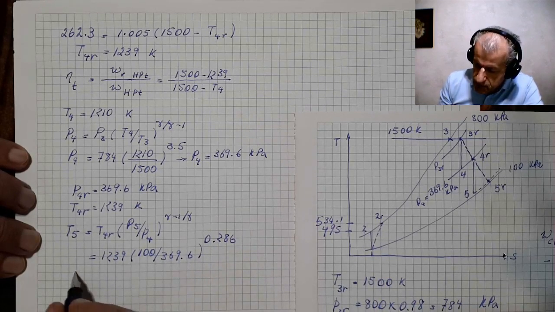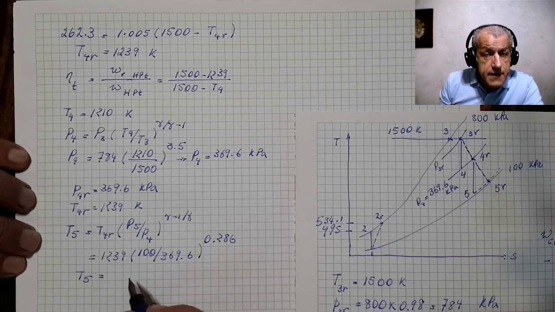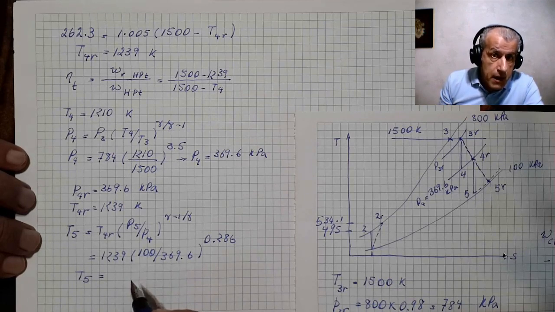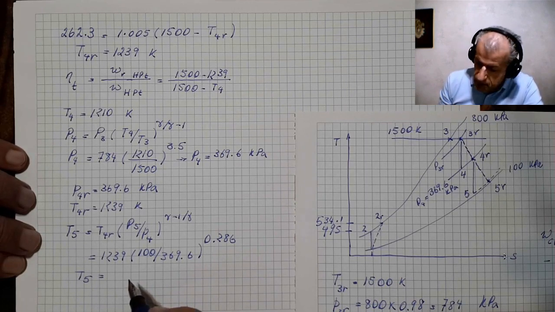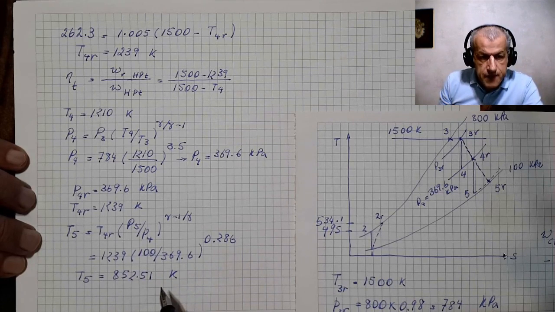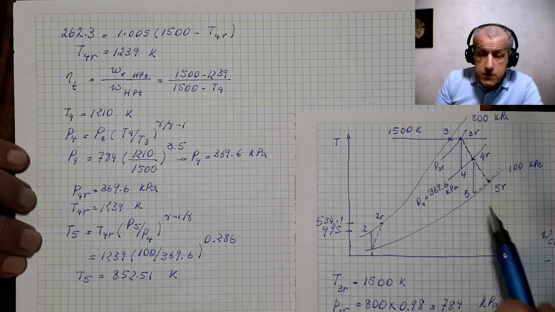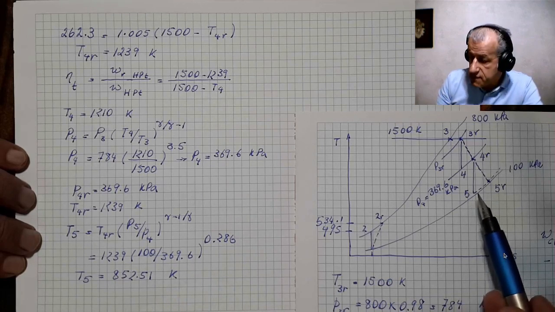The outcome for T5, which is the ideal temperature of the second low pressure turbine, call it a power turbine, would be 852.51 kelvins.